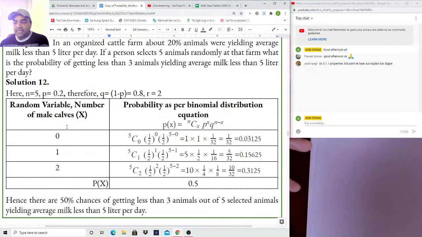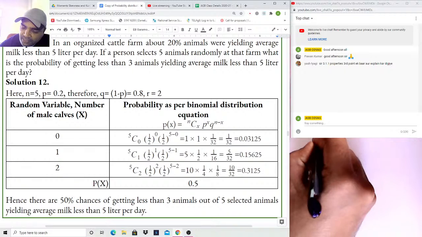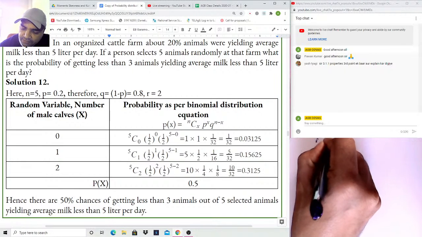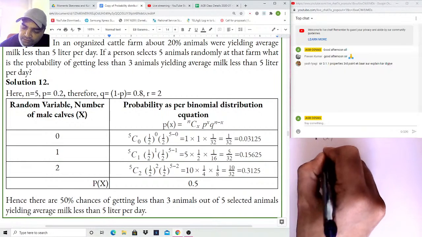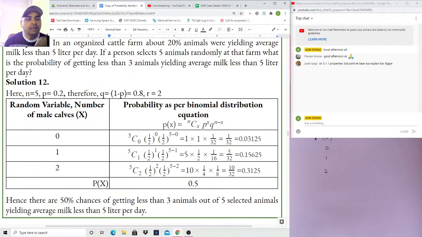Okay, and so q will be 0.8. So the random variable will be either 0 animals, 1 animal, or 2 animals, because we want the probability of getting less than 3 animals yielding average milk less than 5 liters, which is the condition.